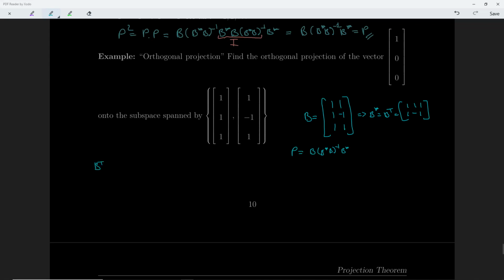B transpose B is going to be equal to the matrix with rows (3, 1) and (1, 3).